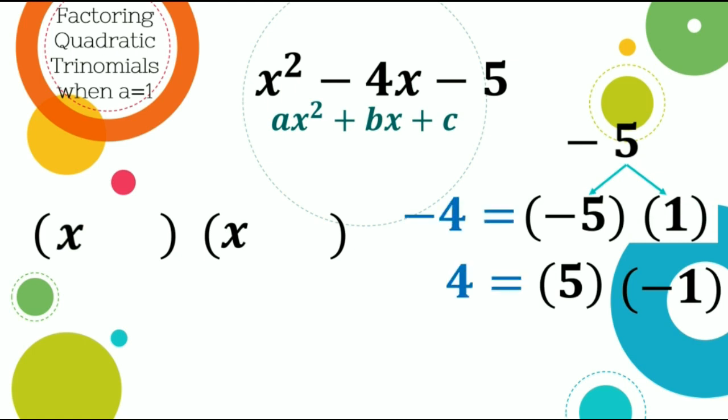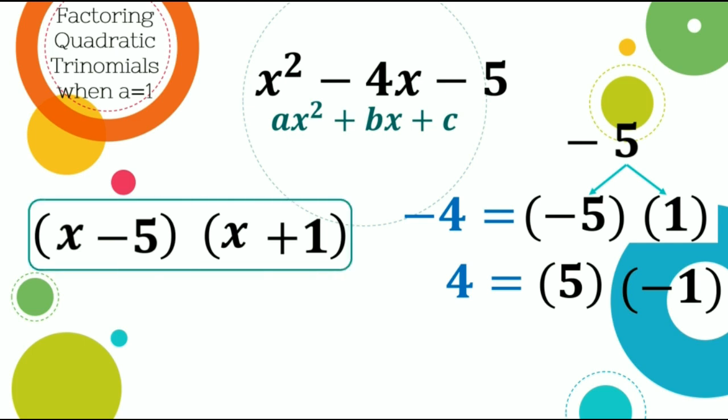The sums of the factors are negative 4 and positive 4. Our middle term in our given is negative 4. So we will get the factors of negative 5 and positive 1. Therefore, the factors of x squared minus 4x minus 5 are x minus 5 times x plus 1.